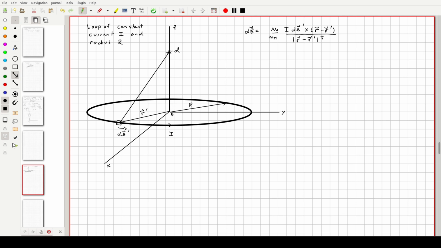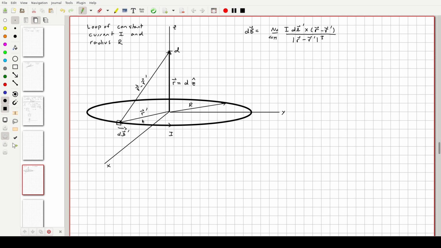That's where it is relative to my current element. And this right here is relative to the origin of my coordinate system. So relative to the origin, you would be talking about r, which in this case is d z hat. It's d above the z-axis. So what we're doing is we're looking at what the magnetic field is along the central axis of this circle of charge. This right here is r minus r prime.